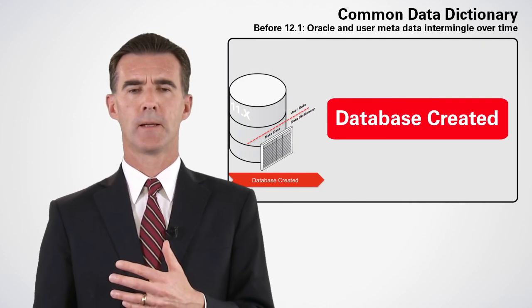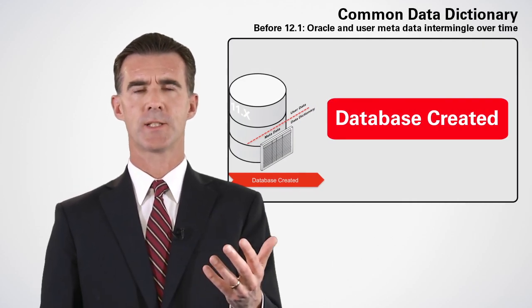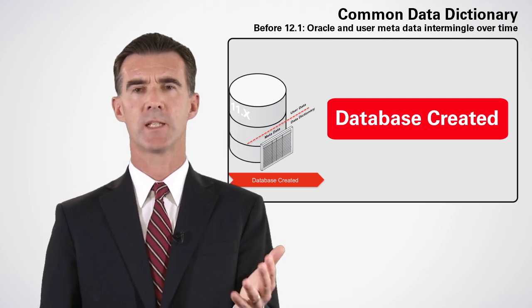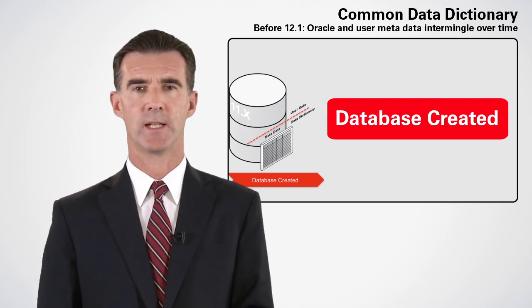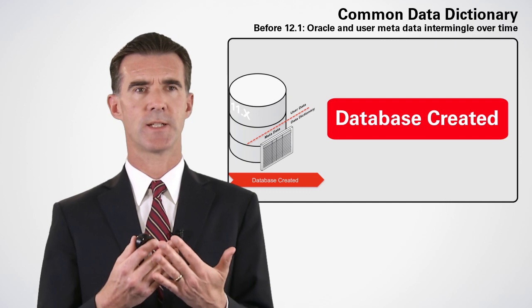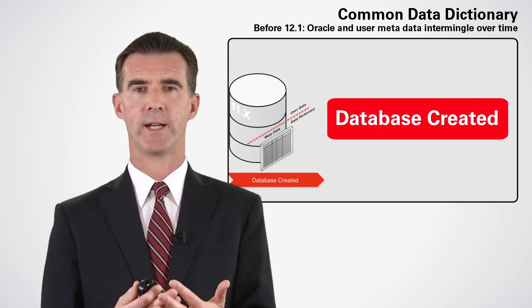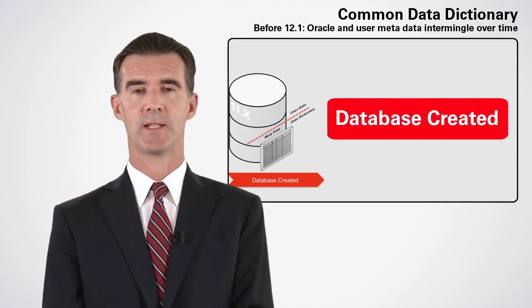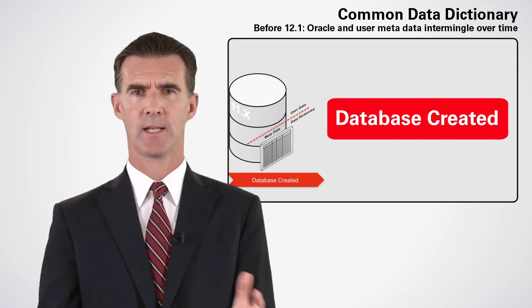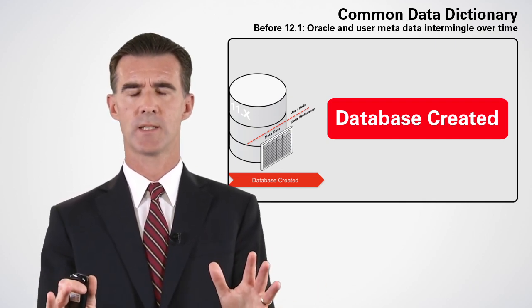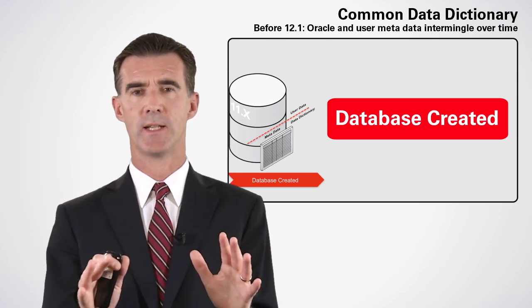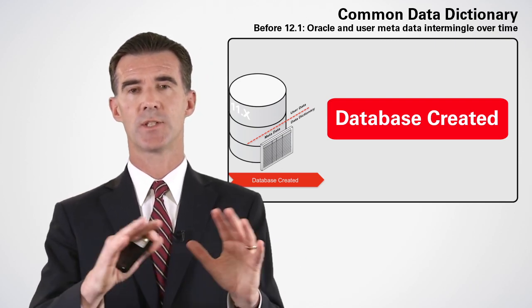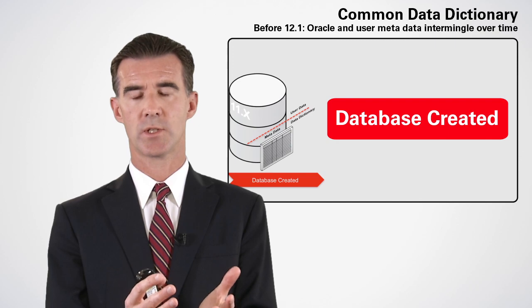Now, this is our goal. Let's describe some of the problems that we had to overcome to be able to realize this goal. And I'll start by describing what happens when you create an Oracle database in the prior architecture. You create a brand new database, and there it is, an empty database. Except that it's not really empty, because by definition a relational database has a structure in which its own structure is defined.